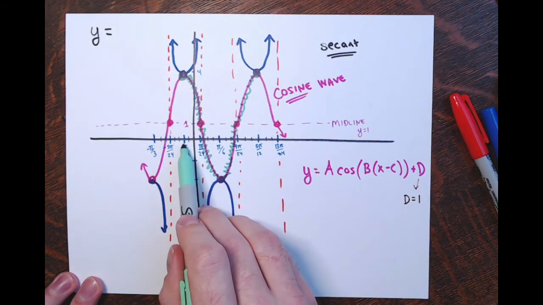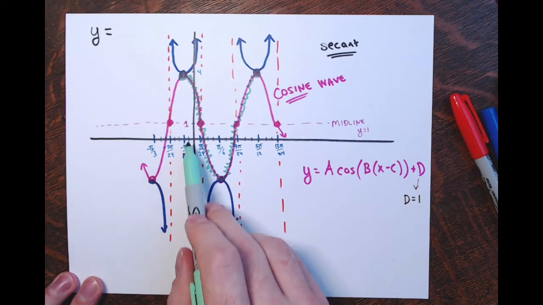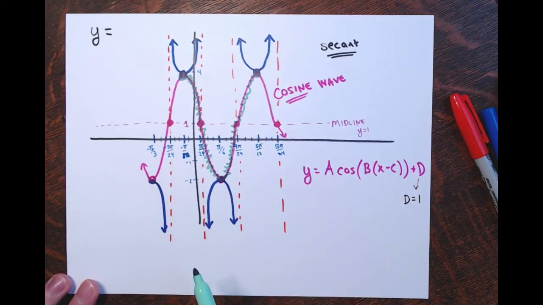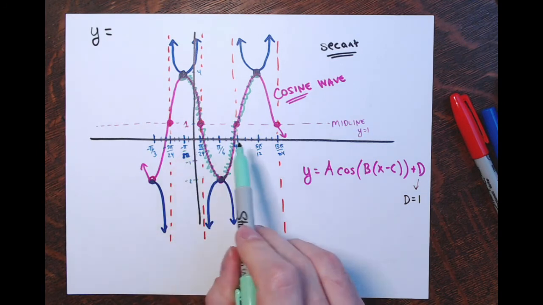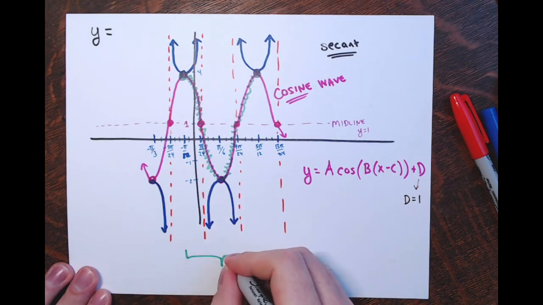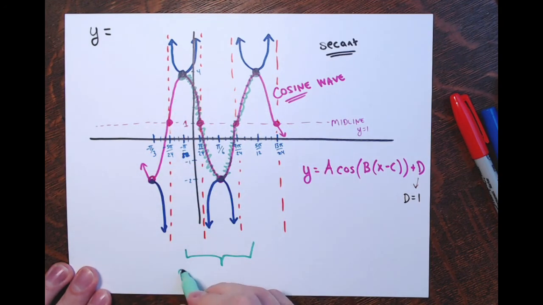So that's from negative pi over 12 to 5 pi over 12. That's 4 pi over 12. Nope, that's 6 pi over 12. Silly. Negative pi over 12 to 5 pi over 12 is a difference of 6 pi over 12. So the period, the length of this one cycle here, is 6 pi over 12, which is pi over 2.